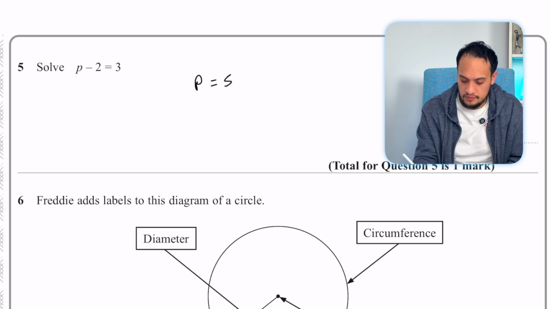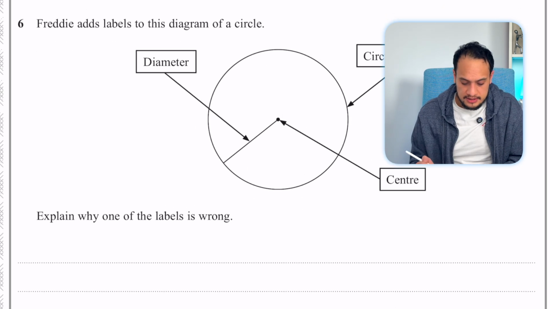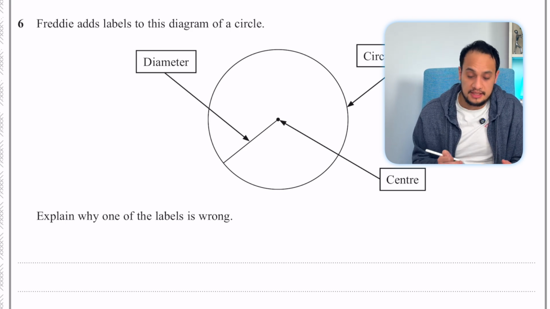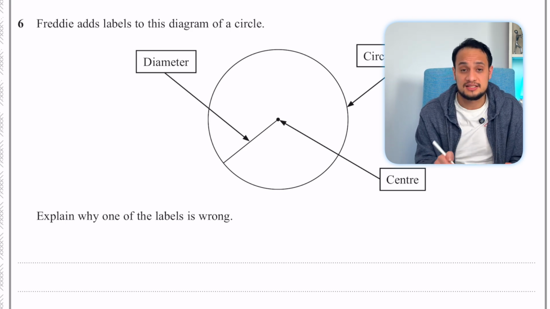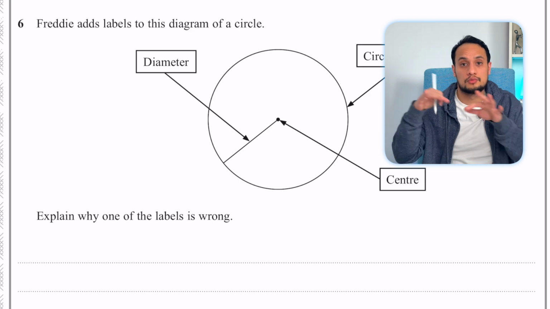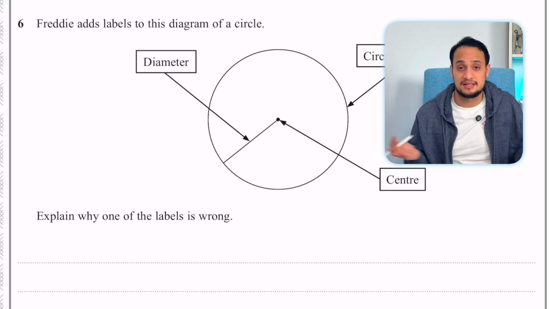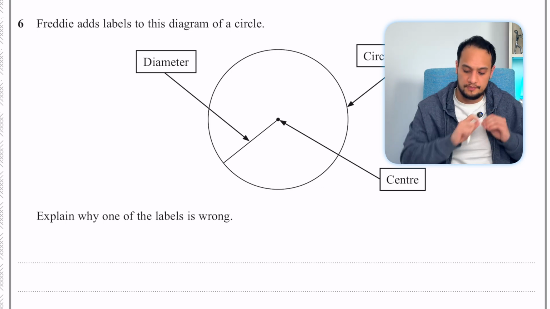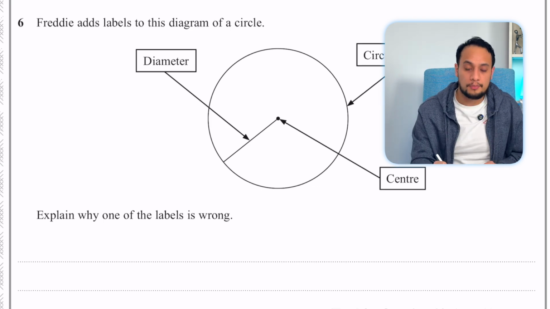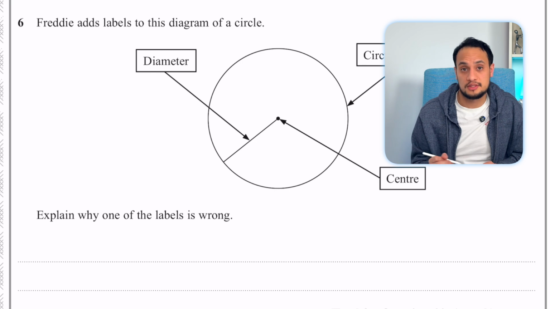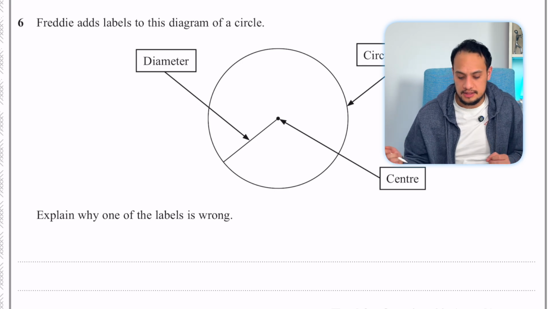So P equals 5. Freddie adds labels to this diagram of a circle. We've got diameter, circumference, and center. Explain why one of the labels is wrong. Circumference is right, because that's the distance around a circle. Then we've got center, which is the origin of the circle. The center point of the circle is exactly what it says it is. And then diameter is a line from one point of the circumference to another point on the circumference, passing through the center.